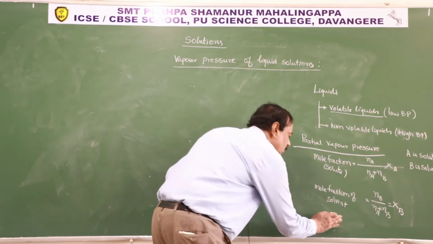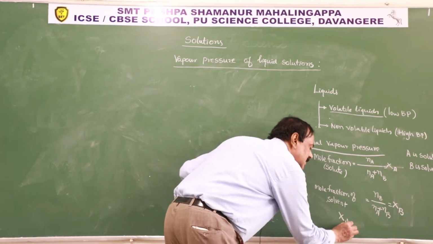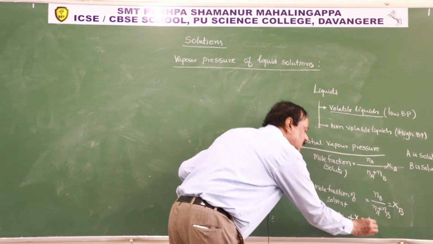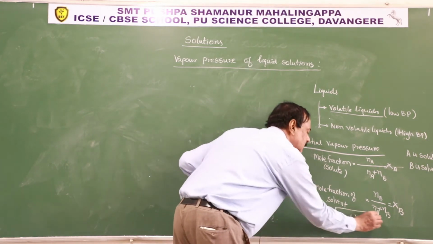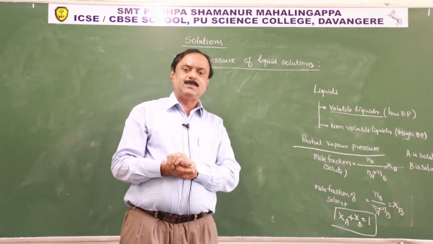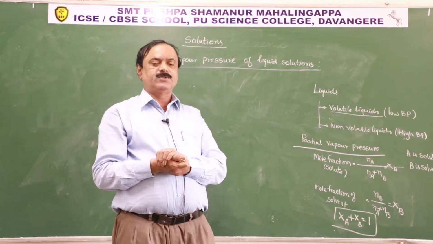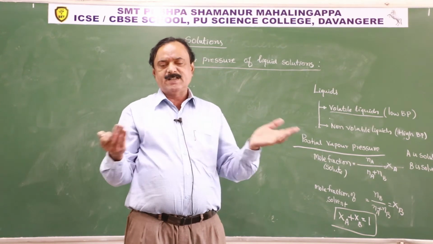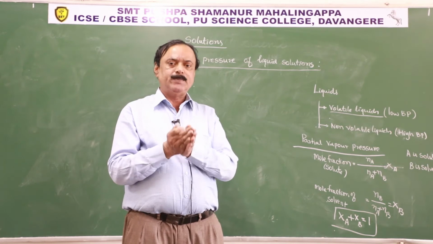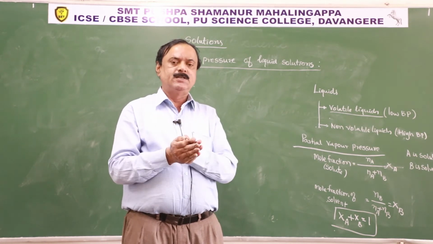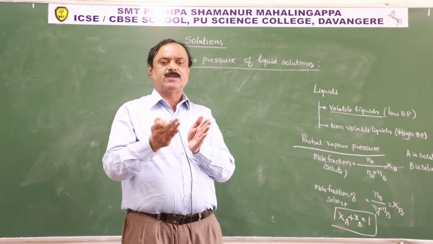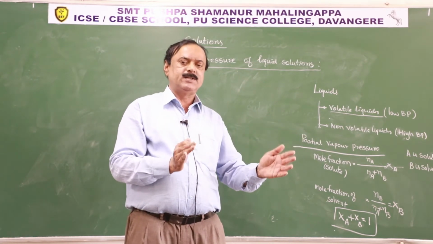Anyhow, in general, XA plus XB is always equal to 1. In the last class, we proved that the sum of the mole fractions of the individual components of the mixture is always equal to 1, if it is a binary system with two components, preferably solute and solvent, or two liquids, whatever it may be.